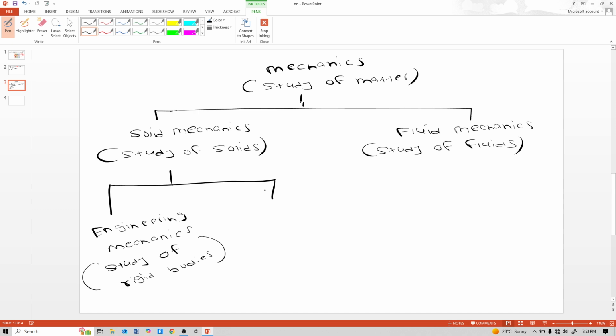And it is further classified into deformable bodies. Deformable bodies, that means our strength of material subject, the study of elastic bodies.